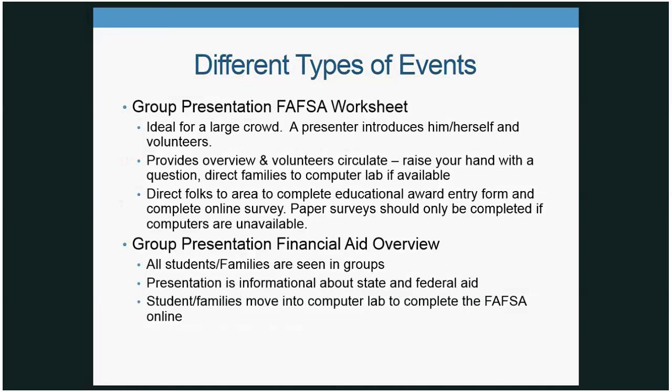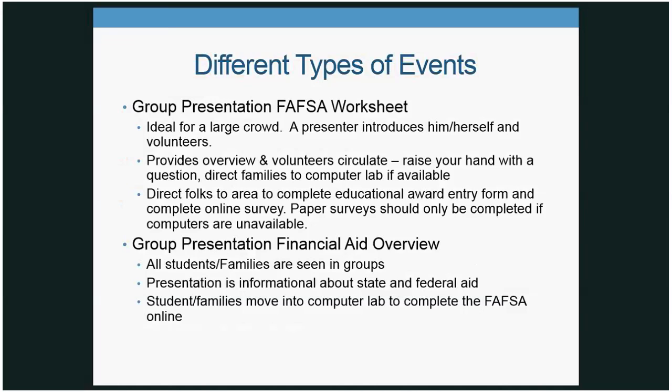I think the important piece with how you decide to deliver the information and what you decide to present or offer to parents is really clear communication. Last year, I had several parents who came in, even though in every single publication we put out and every time we marketed the event, we said, this is not a formal presentation.